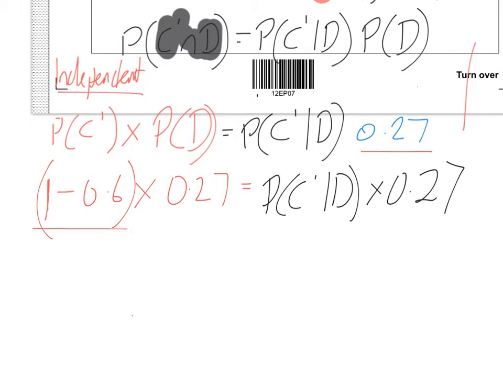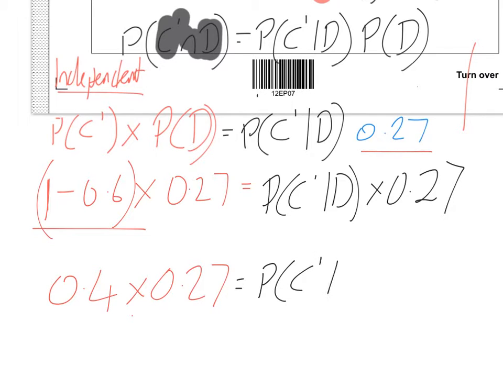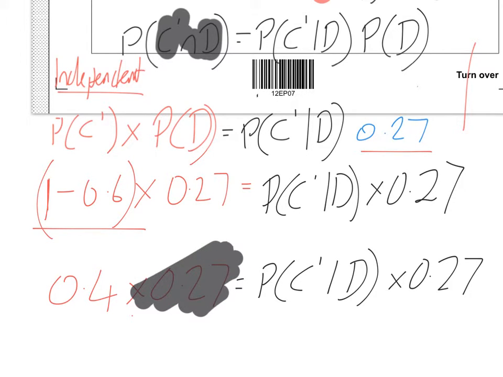Well, this bit in the brackets here, that's 0.4 times 0.27, and you may have already noticed that since I've got a 0.27 on both sides, I can divide by it. I can just cancel it basically. 0.27 cancels on both sides. My answer is that the probability of not C given D is equal to 0.4.